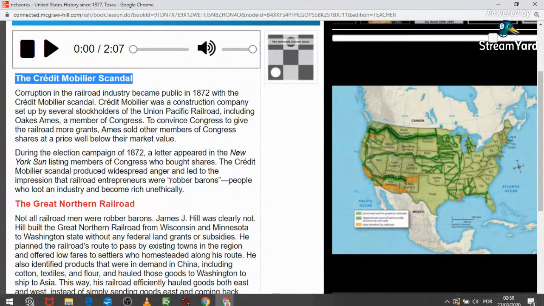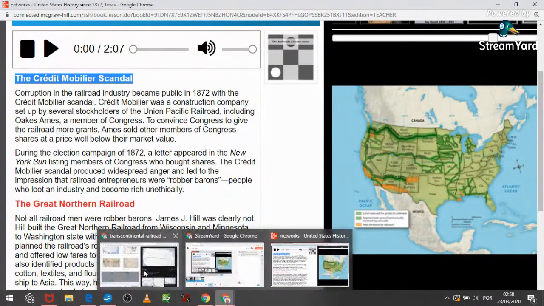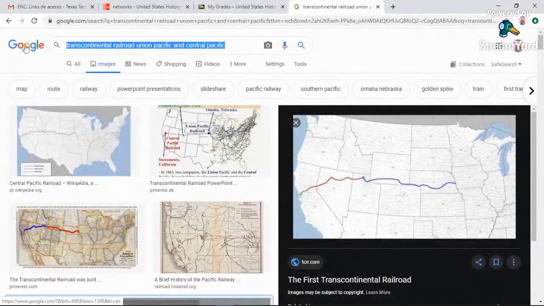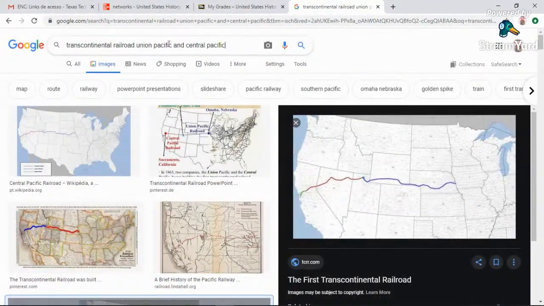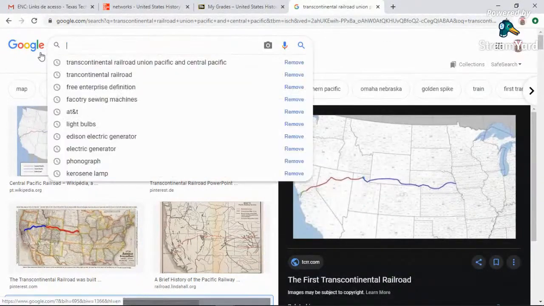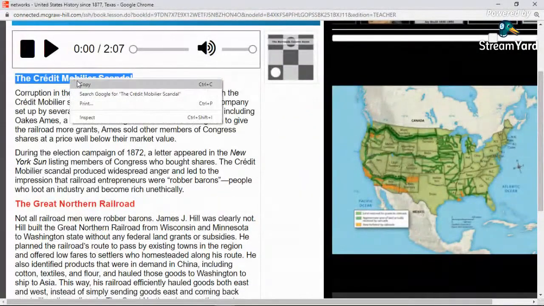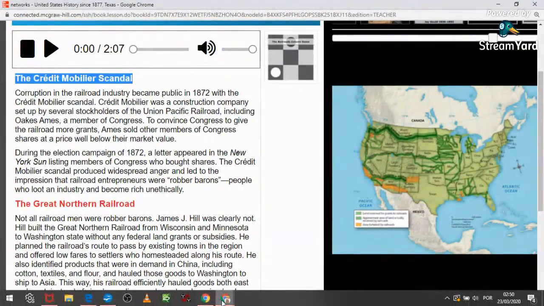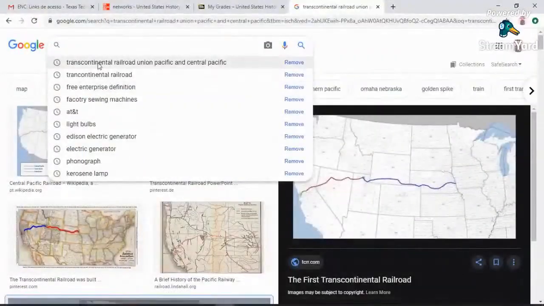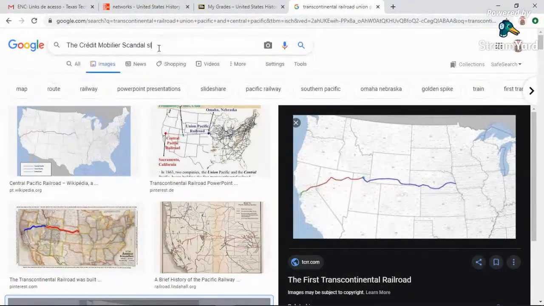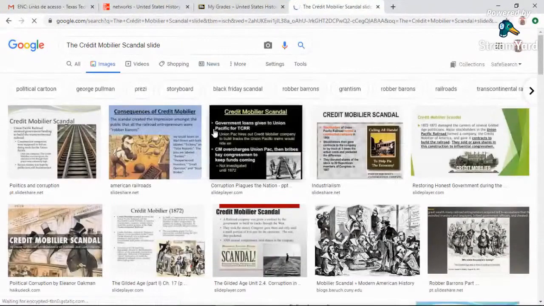Remember, if you watched the first video, you know that the best way to get this, if you can't understand the text, is to copy, and then we're going to paste, and we're going to put here slide. When you get a slide, you're going to get the short version of it.